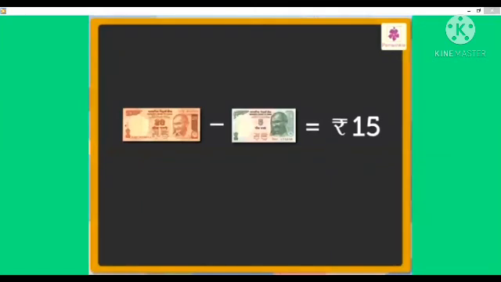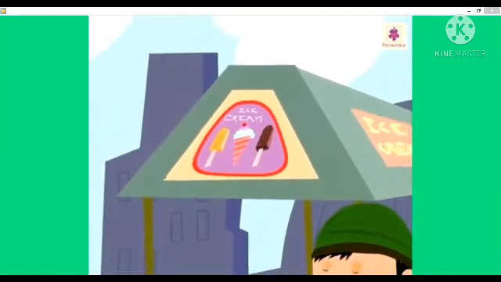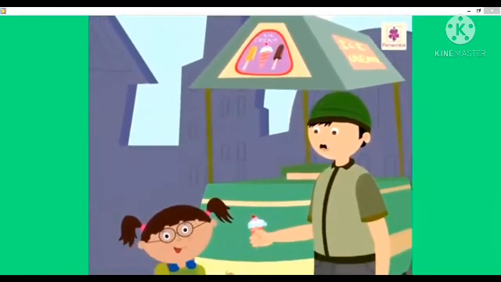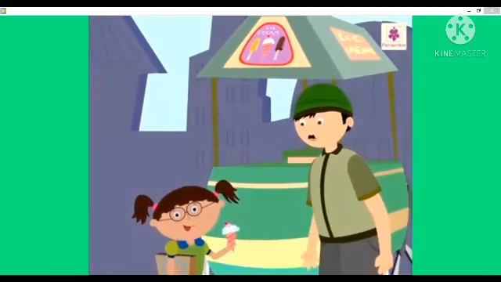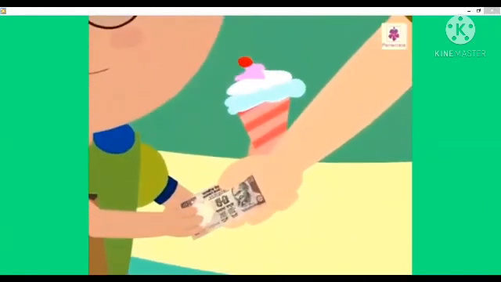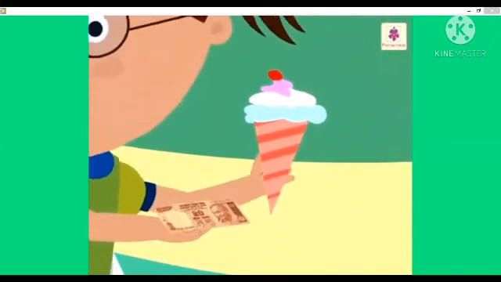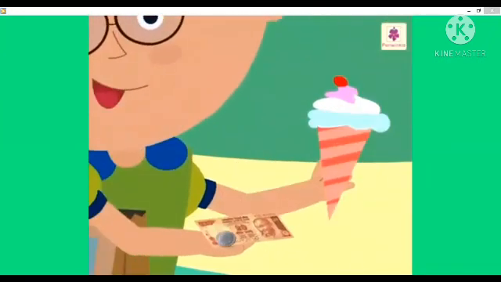Now, she wants to buy an ice cream. So, she goes to an ice cream seller. She buys ice cream and gives a 50 rupee note to the ice cream seller. He gives her a 20 rupee note and 5 rupee coin back.